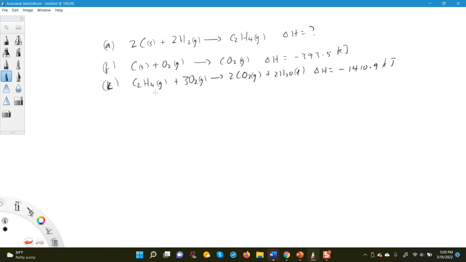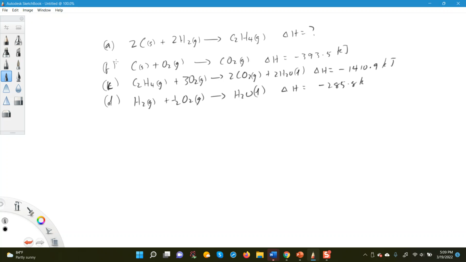And then finally, for D, you're given H2 gas plus half O2 gas to give H2O liquid, and delta H in this case is equal to minus 285.8 kilojoules. All right, so this is what you're given.